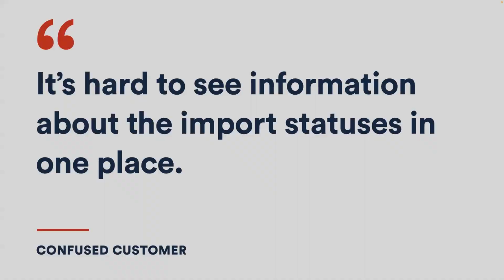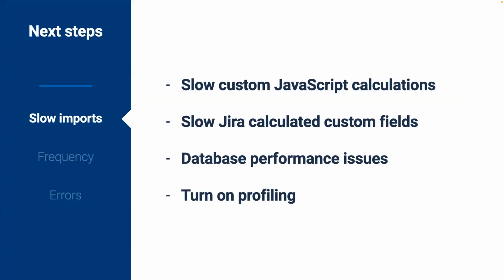So to wrap up, what are the next steps about imports? If we saw slow imports, maybe there are slow JavaScript calculations that are slowing everything down, or maybe Jira calculated custom fields are used that are using some external source.